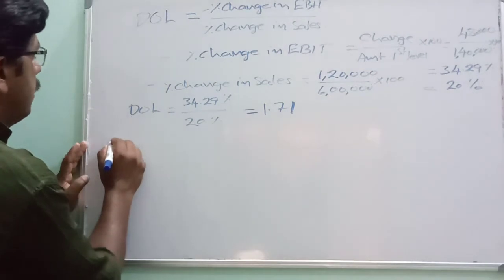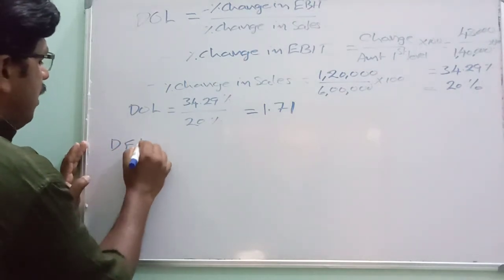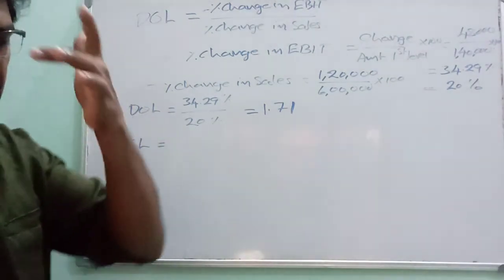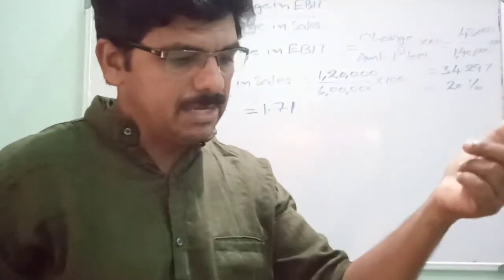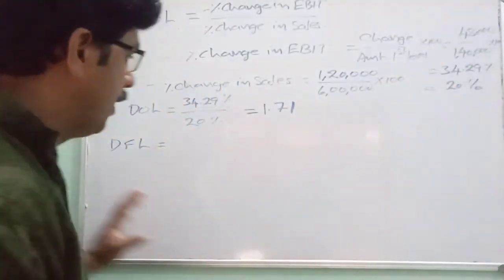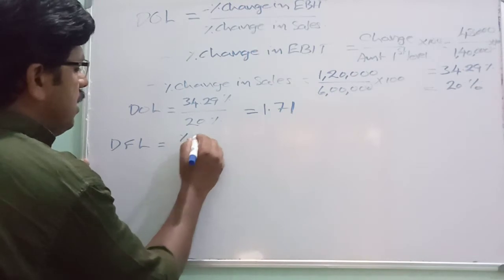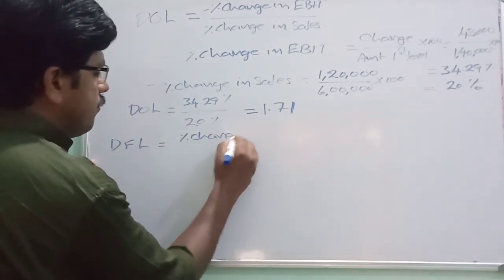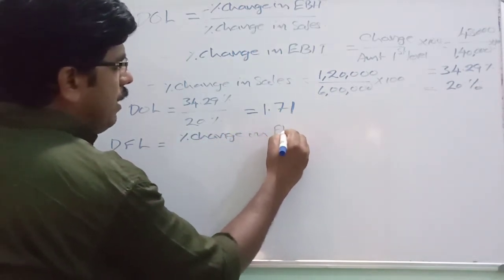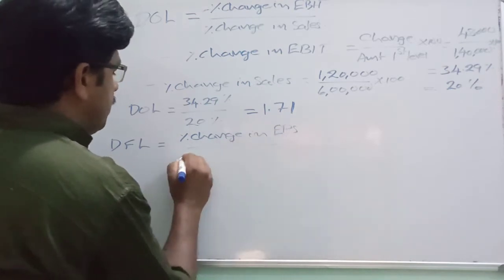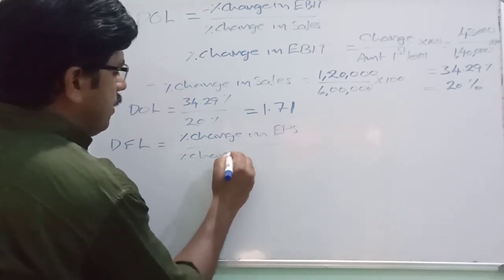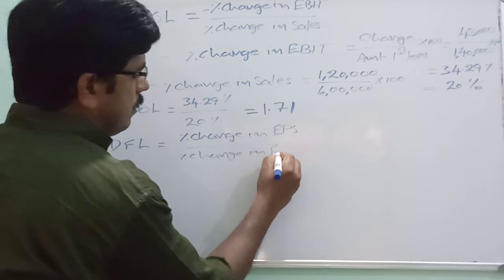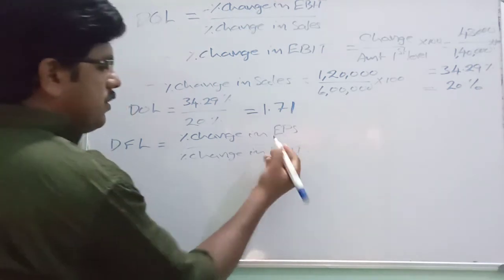And degree of financial leverage. Degree of financial leverage is equal to percentage change in EPS divided by percentage change in EBIT. The change in EBIT is already calculated.